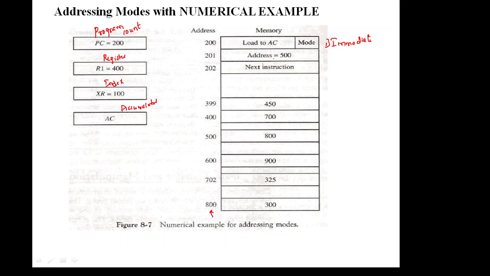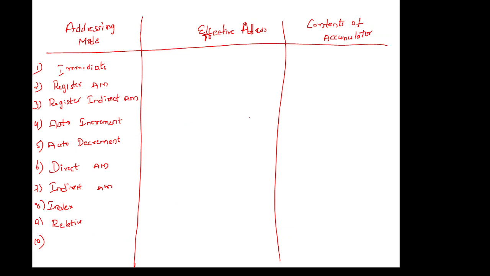So now when we have the address called 500. If it is an immediate instruction, this 500 becomes an operand. So then the contents of the accumulator will be 500. For immediate addressing mode, the content of the accumulator will be 500.